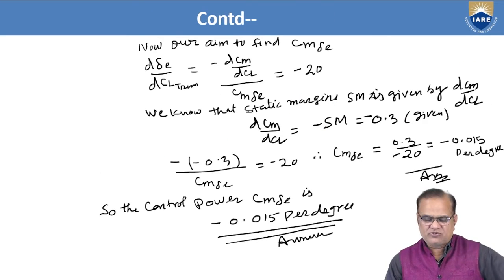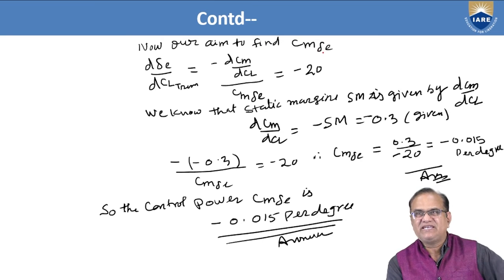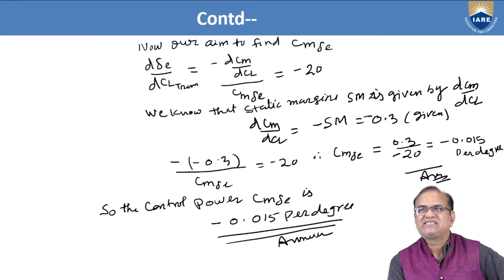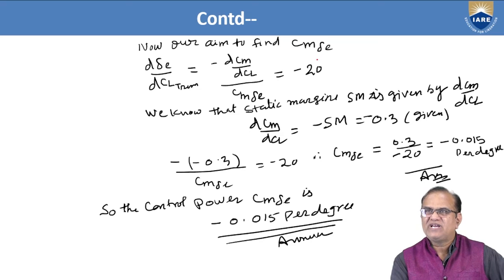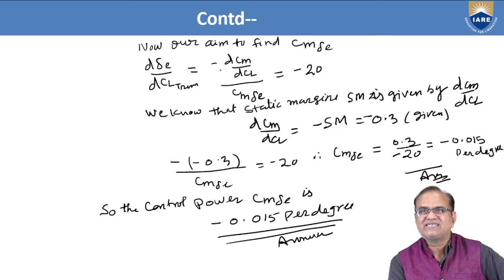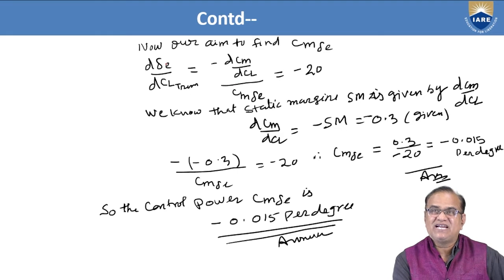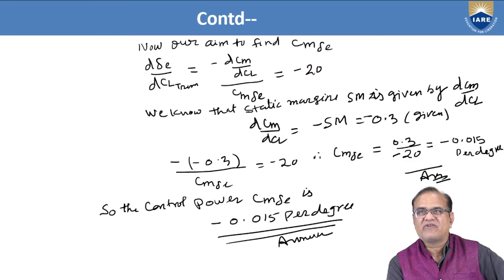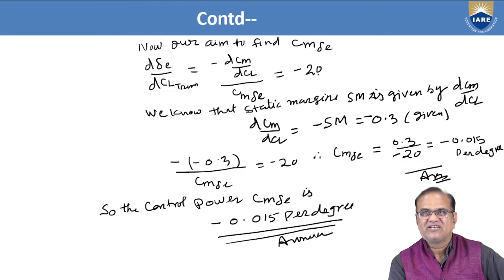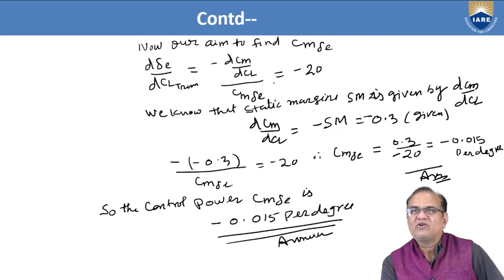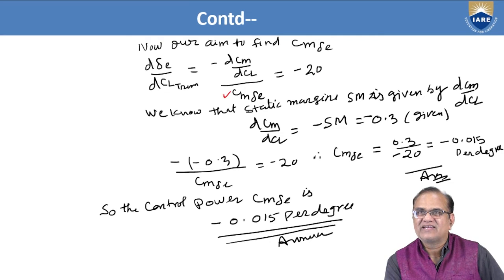Now our aim is to find Cm delta E. The first question is Cm delta E. We know that d delta E by dCL trim is equal to minus dCm by dCL divided by Cm delta E. So d delta E by dCL trim we found is minus 20 degree.